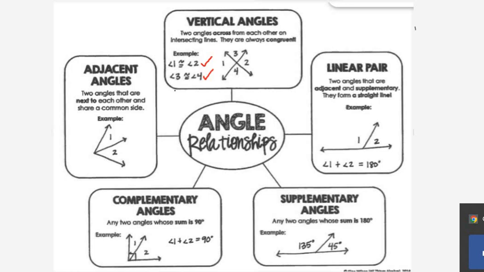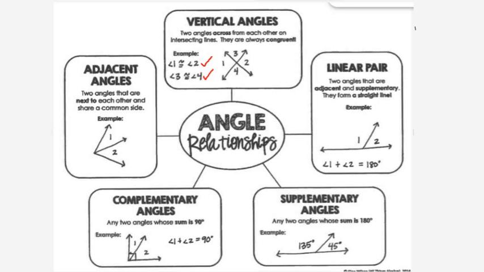And then we have adjacent angles, two angles that are next to each other and they share a common side. These angles are called adjacent angles. Linear pair, two angles that are adjacent and supplementary.